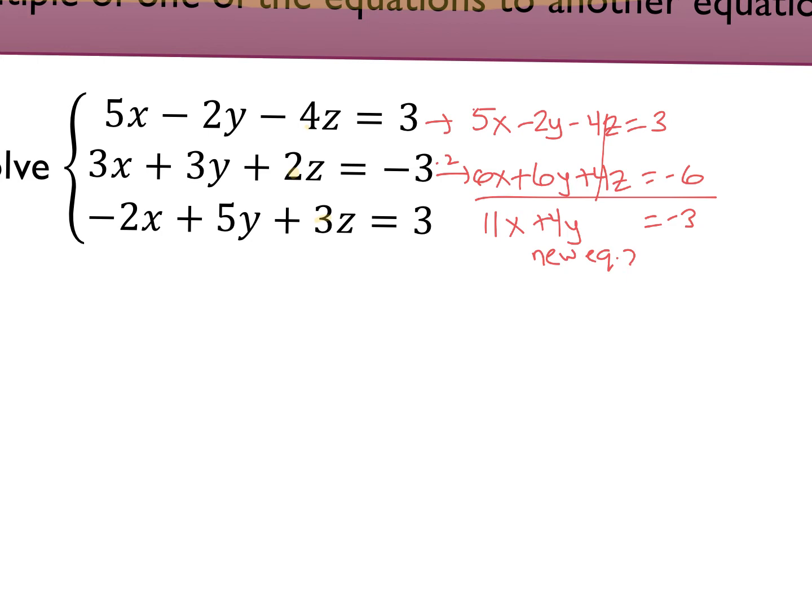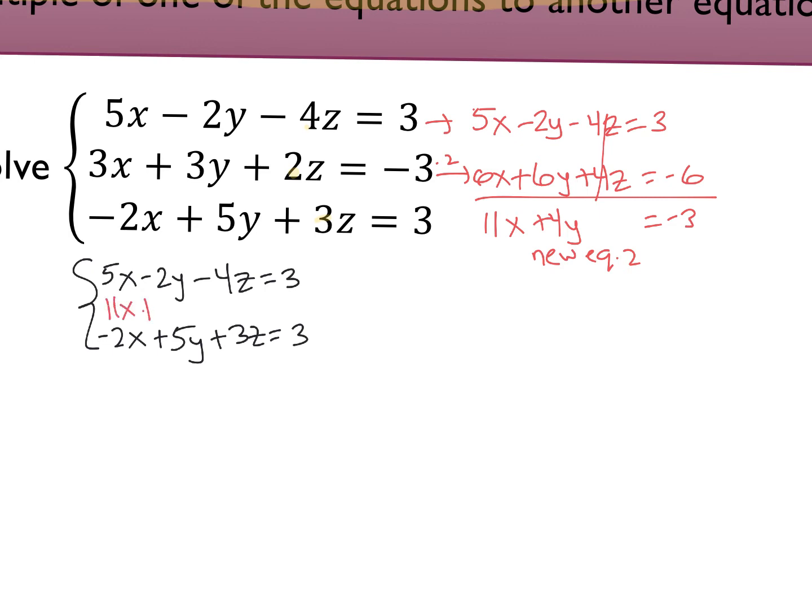After each step, I like to recopy my system just so my thinking process is nice and structured. So we have the original equation 1 and original equation 3, and I'm going to put the new equation 2 in place of old equation 2.